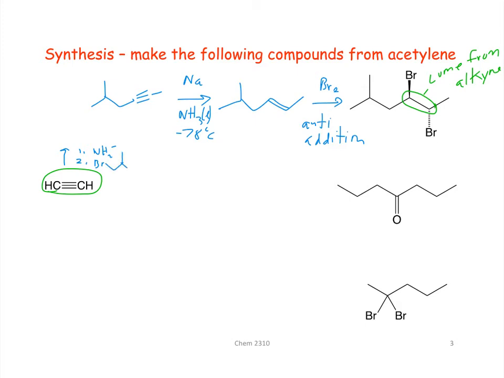Okay, so we're going to add, well, this would be 2-methyl-1-bromopropane. Okay, so we do that, and we have this alkyne, and then we have to add a methyl group to the other side. 1, we use NH2-, 2, we could use methyl bromide again, or something like that.